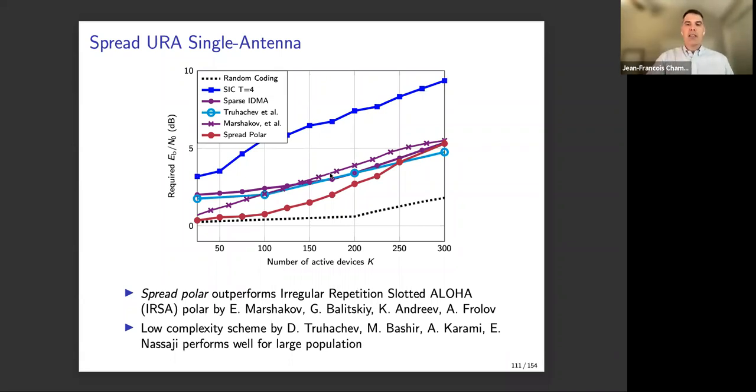It has lower complexity, and it can be used for a much larger number of users. So that's worth mentioning as well. But if you look at raw performance, then I guess this spread polar scheme that I just covered is the best for the single antenna.